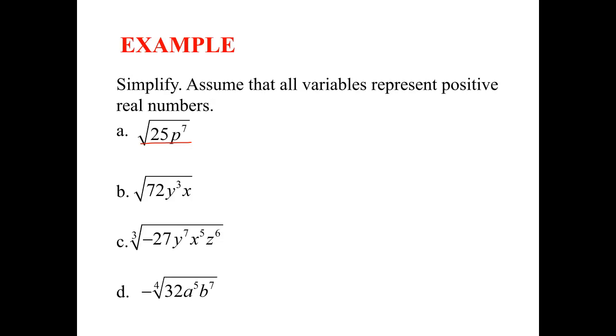So I've got coefficients and variables. I can still take the square root of 25, okay? But I can't take the square root of p to the 7th. So what's the largest factor of p to the 7th that I can take the square root of? P to the 6th. So split it apart into p to the 6th and then just p, because p to the 6th times p is p to the 7th. 6 can be divided by my index of 2, and then 1 is just what's left over.